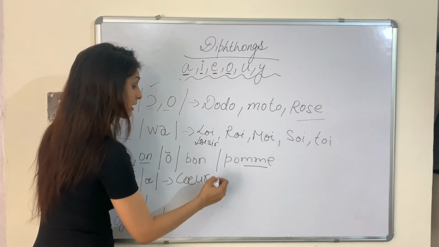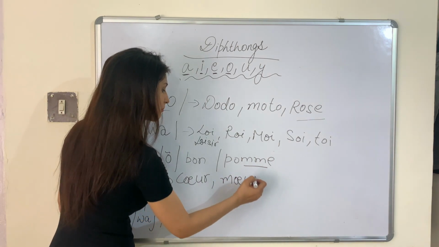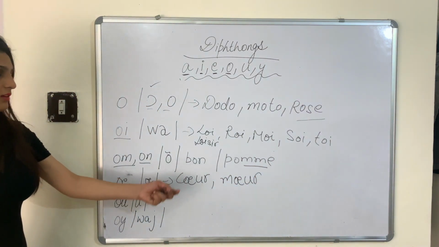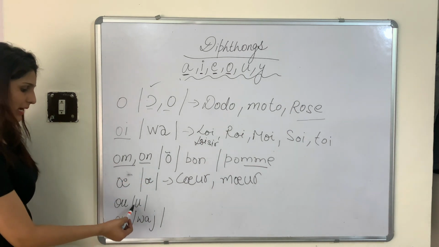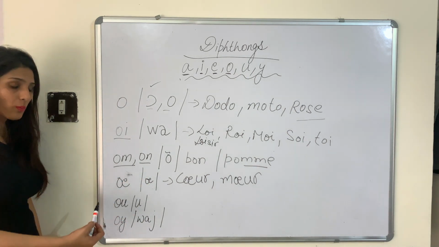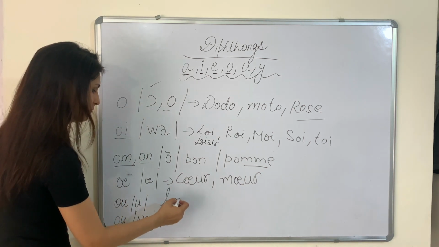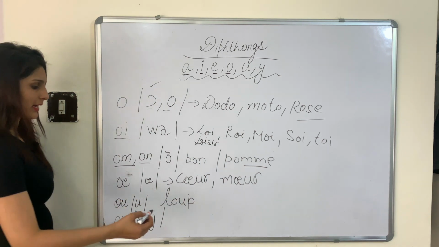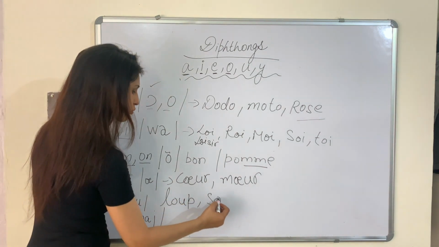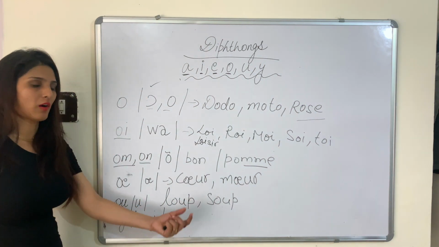And over here the sound is the one word I'm having in my head right now: cœur, and even meurt. Cœur, meurt. The phonetic sign for this is this, and loo, and su. This is just an example for forming the sound.